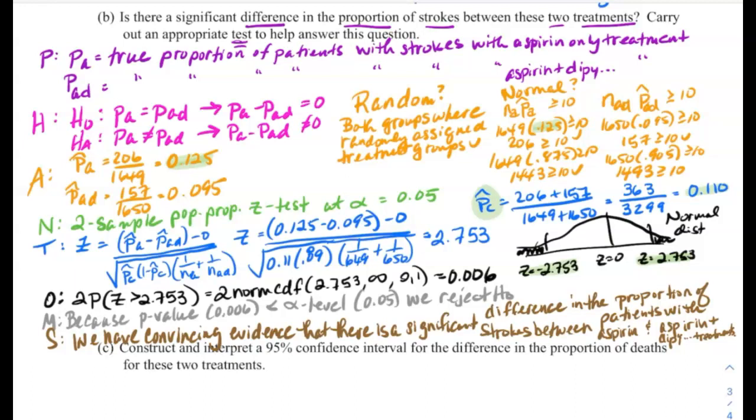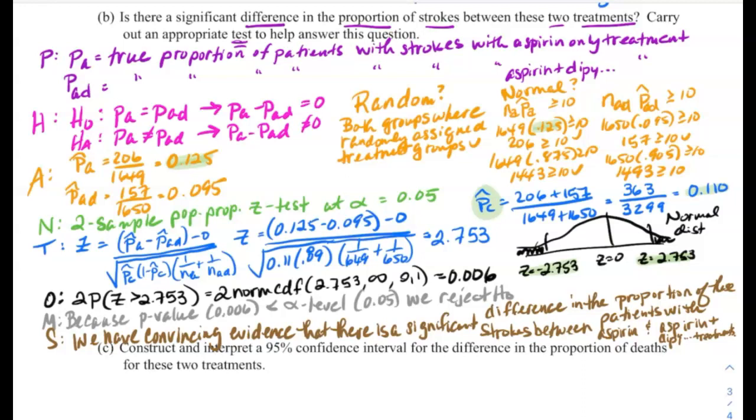We can only apply it to this population, right? So we have convincing evidence that there's a significant difference in the proportion of these patients. And then because we have random assignment, we do have cause and effect. So we could say that the aspirin plus the DIPI did cause better outcomes in strokes.